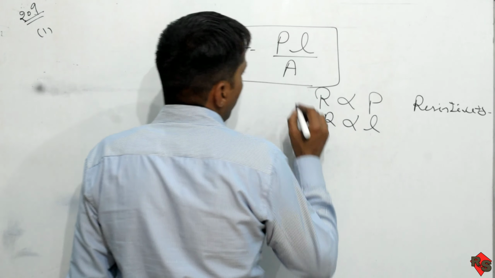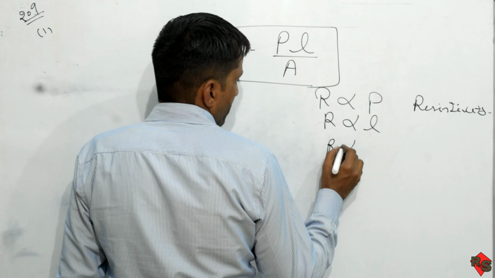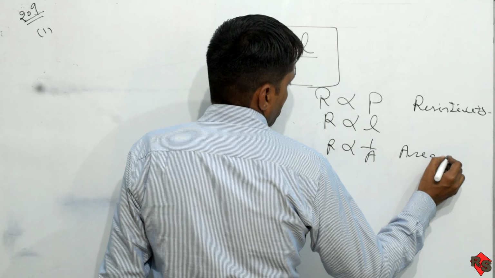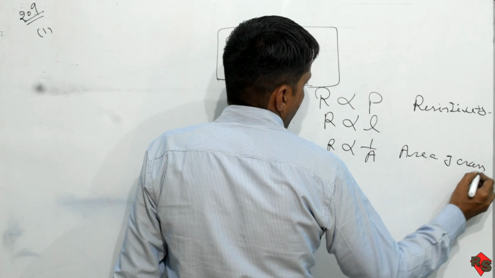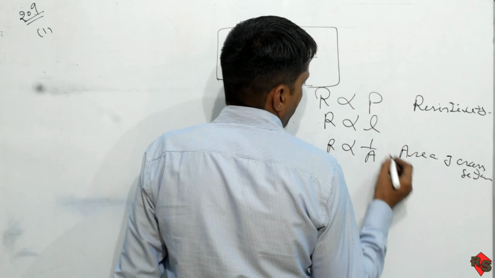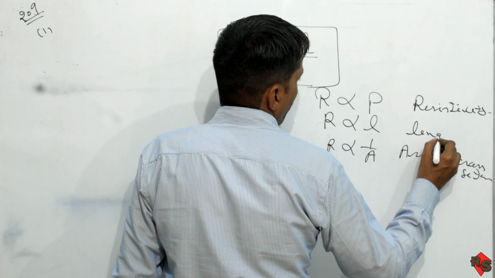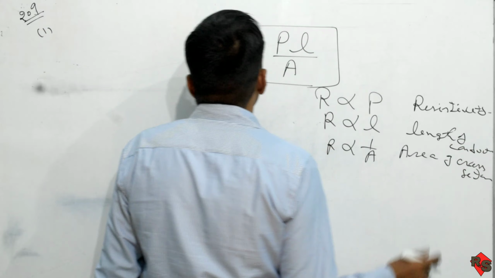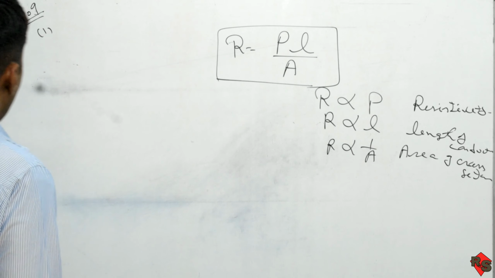R also depends on the area of cross section of the conductor. That is clear.